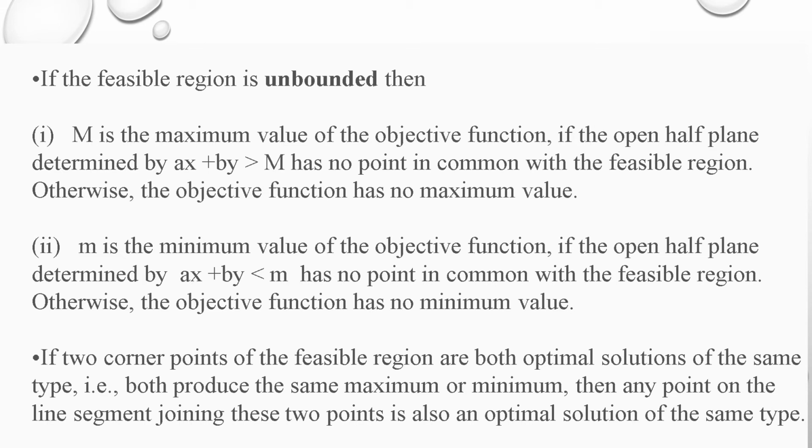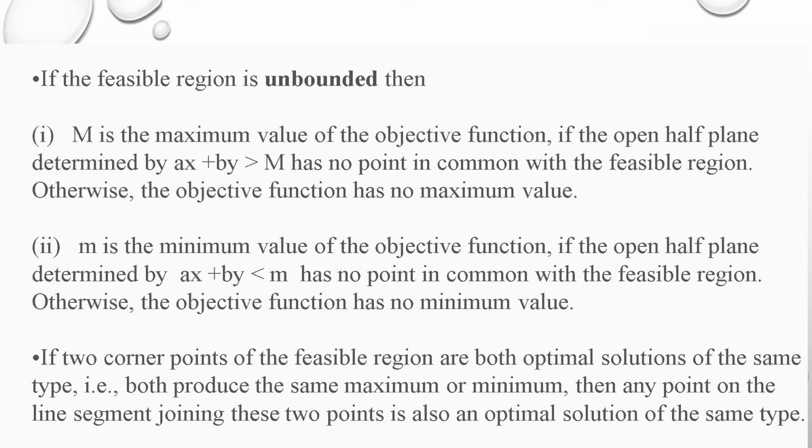If this open half plane has no point in common with the feasible region, then M will be the maximum value, and otherwise the objective function has no maximum value. Similarly, small m is the minimum value of the objective function if the open half plane determined by ax + by < m, the minimum value, has no point in common with the feasible region. Otherwise, the objective function has no minimum value.